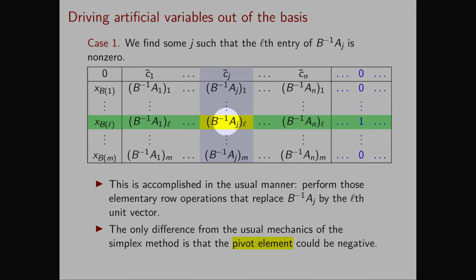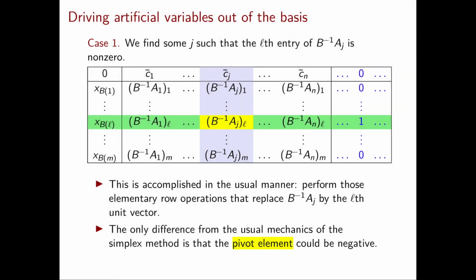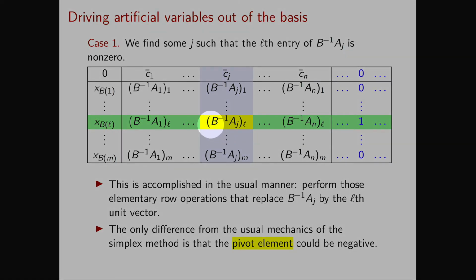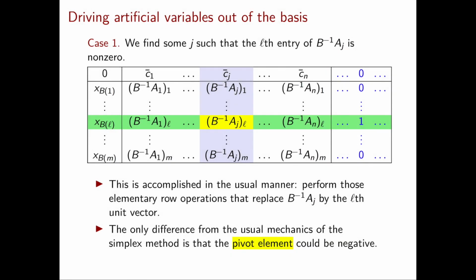So we need to obtain a 1 in the pivot element and a 0 everywhere else in the column. This is almost exactly equal to a pivot that we've always performed in the simplex method. The only difference is that in our case, the pivot element is simply non-zero, while in all our previous pivots, we always had that the pivot element was strictly positive. So essentially here, it could also be strictly negative.